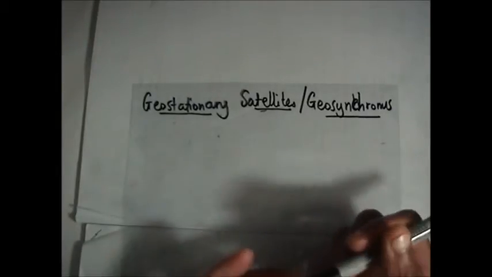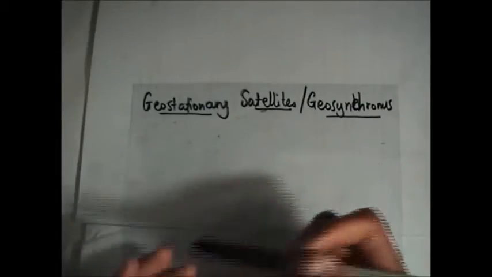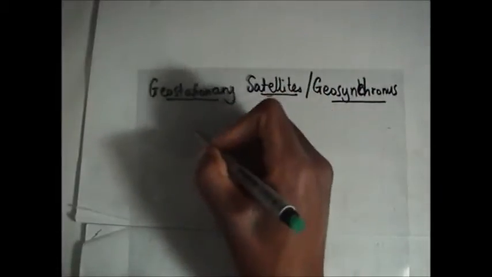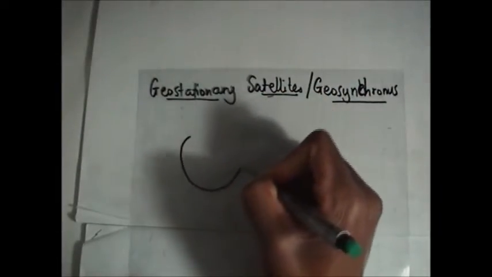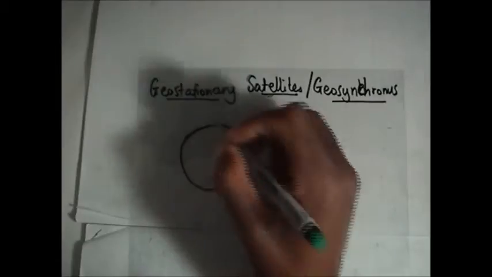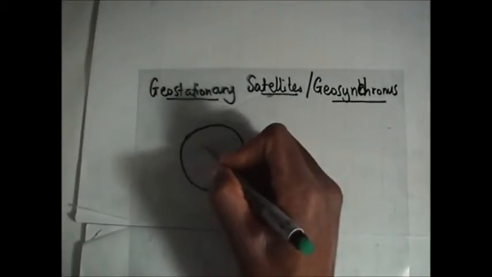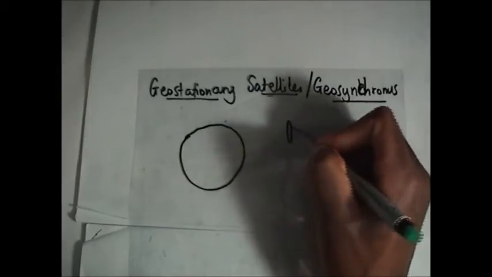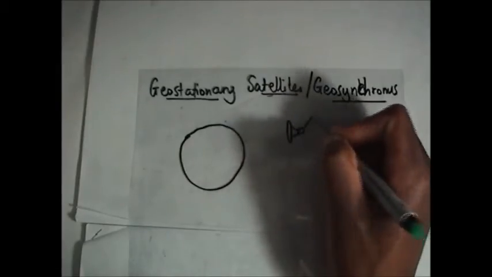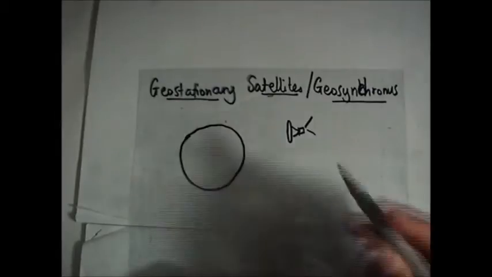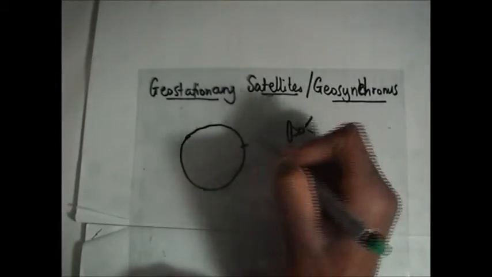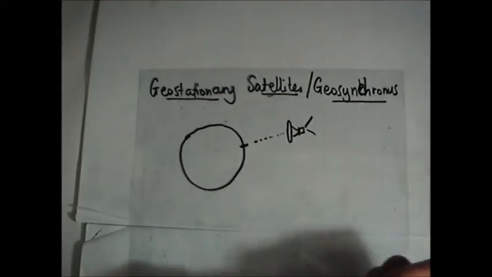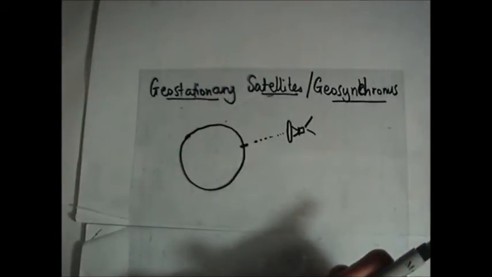So the proper definition is it's a satellite that stays above the same point on Earth. That's basically what a geostationary satellite is. Imagine this is Earth, right? And we have a nice satellite at this point here, above this point.